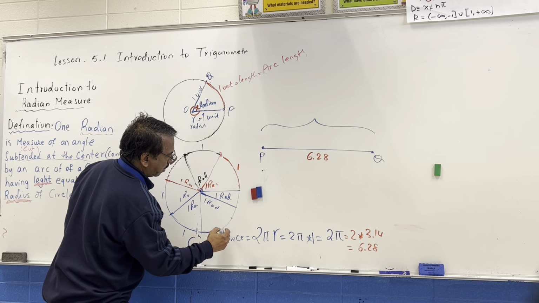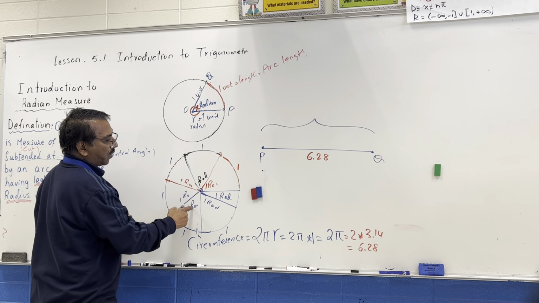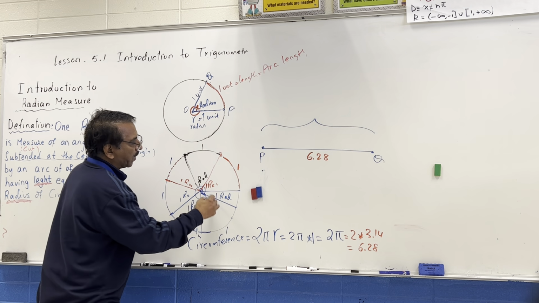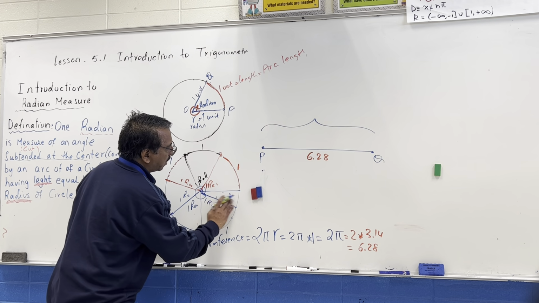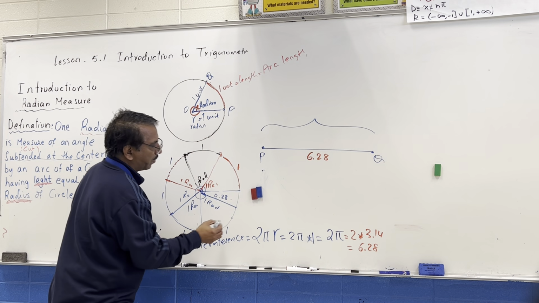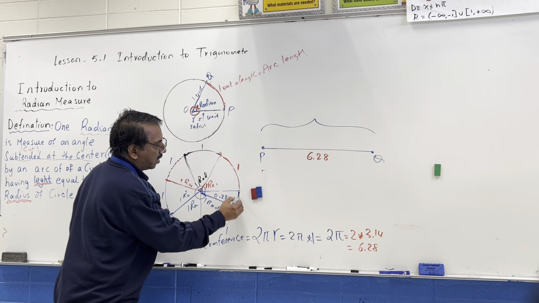This is the length of the arc. So altogether you have 1, 2, 3, 4, 5, 6 radians. So this until here is 6, and then what remains is 0.28. That means it is just a fraction, almost like a third of a 1.